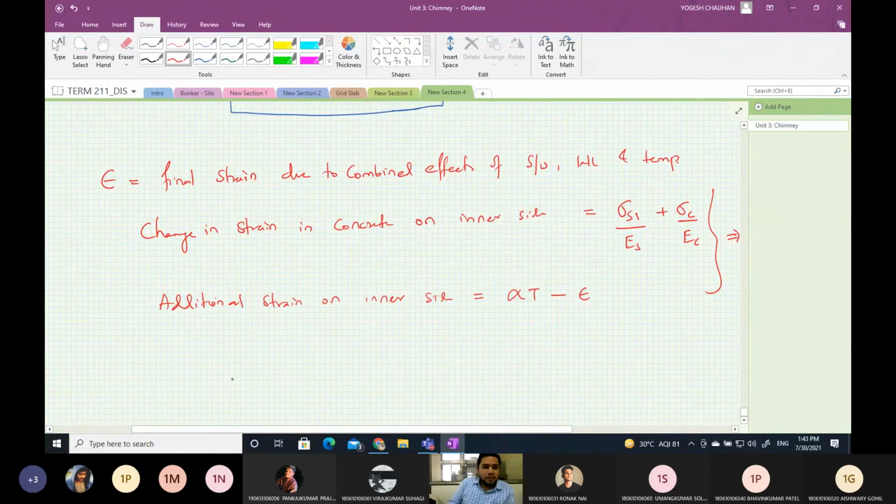Similarly, we find the change in strain in steel on the outer side.